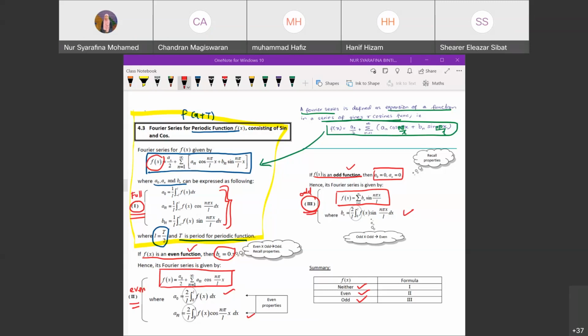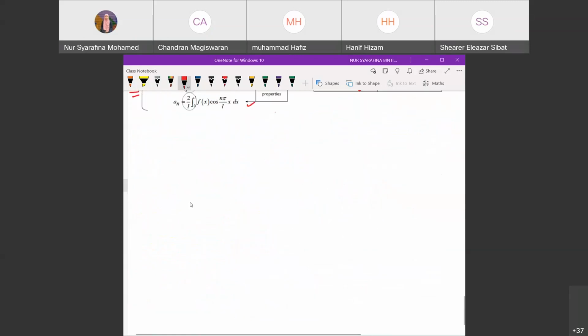Okay. So now let's take a look at the example. We want to find the Fourier series for f(x) equals negative x and f(x + 2) equals f(x).